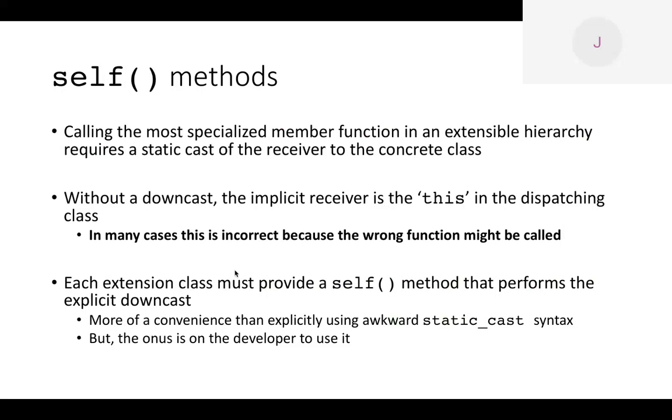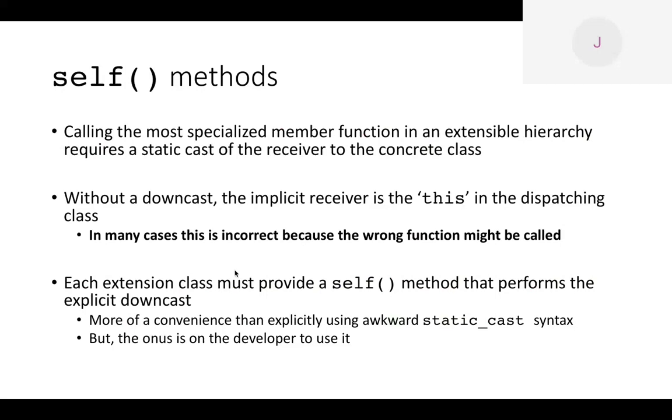What this is saying here is that calling the most specialized member function in an extensible hierarchy requires a static cast of the receiver to the concrete class. So basically just using the static_cast keyword in C++, you cast it to the most derived TR:: class. Without a downcast, the implicit receiver is this in the dispatching class.